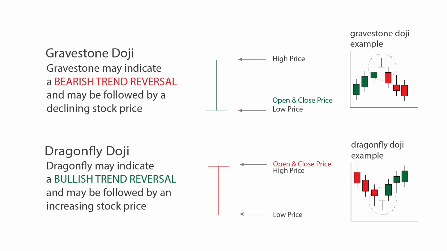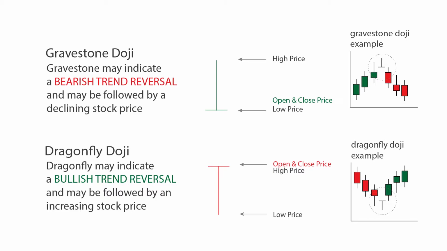In the anatomy of the dojis, the Gravestone doji has a high price, a low price, and the opening and closing price are similar to that of the low price. So it looks like a gravestone. If you think about it, you have the ground, which is your horizontal line, and a gravestone, which could be the vertical line.